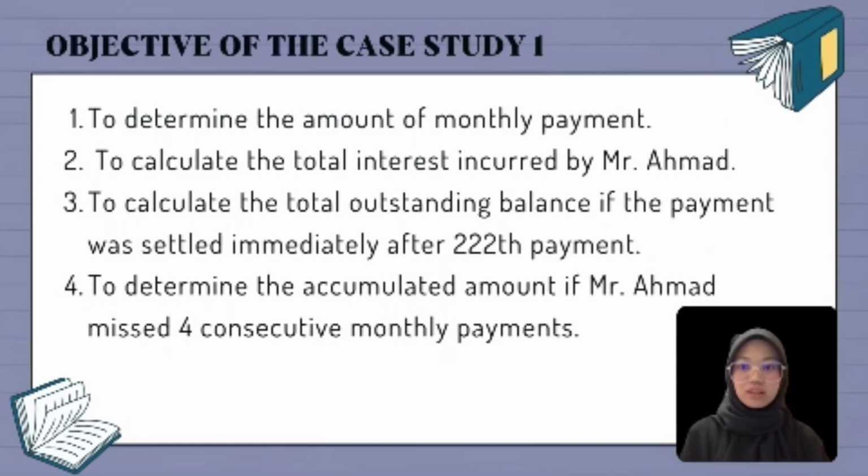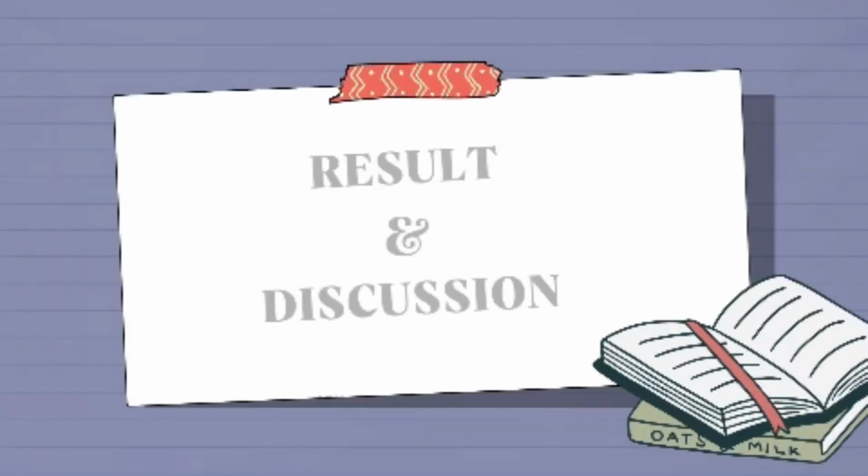So we have 4 objectives of annuity. The first is to determine the amount of monthly payment. Number 2 is to calculate the total interest incurred by Mr. Ahmad. Number 3 is to calculate the total outstanding balance if the payment was settled immediately after 220 payments. Number 4 is to determine the accumulated amount if Mr. Ahmad missed 4 consecutive monthly payments.